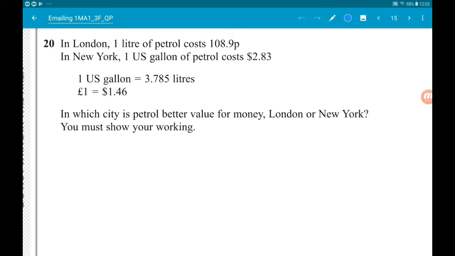So in London, one litre costs 108.9p. Now that is 1.089 pounds.